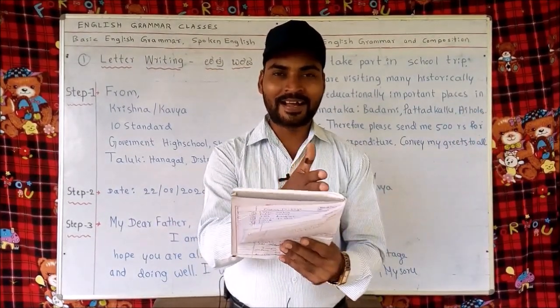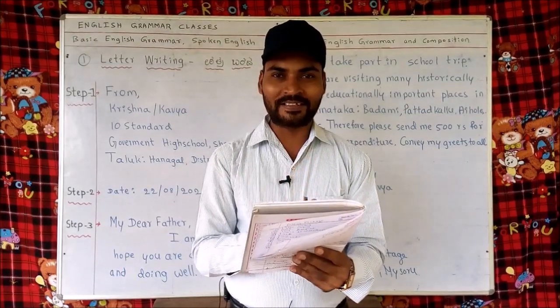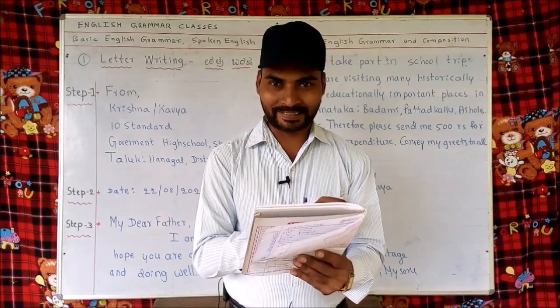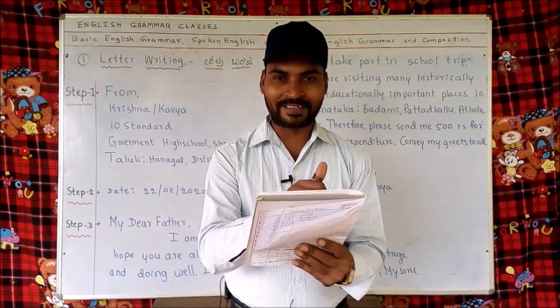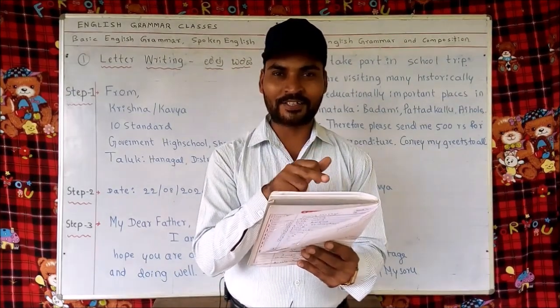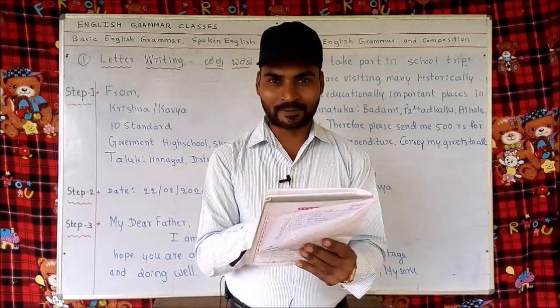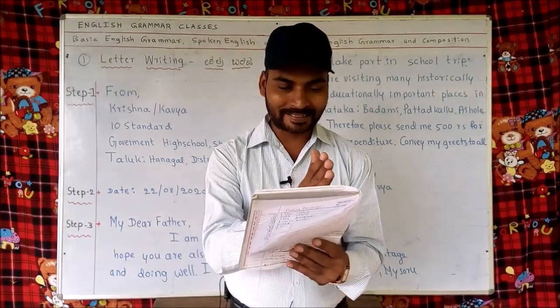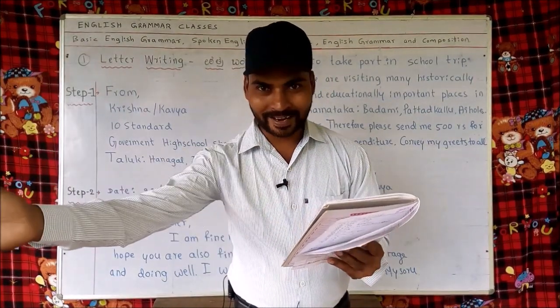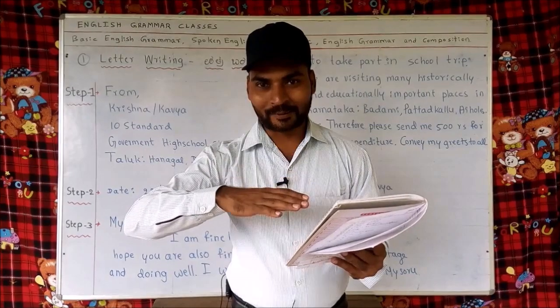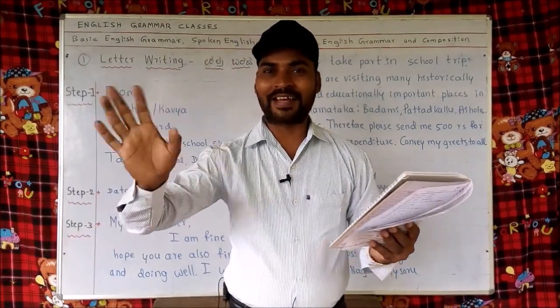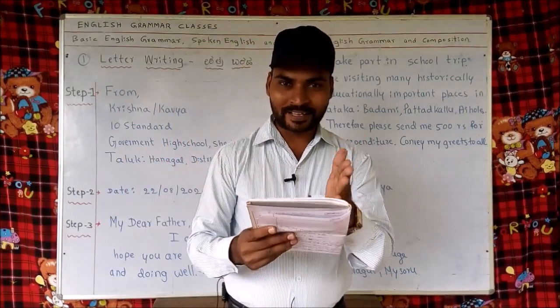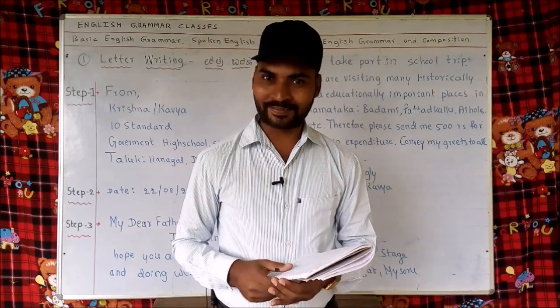This side only, all the steps of the letter should be written one by one: from address, then date, salutation, body of the letter, then closing, then to address, all these things. From address on the right side, closing of the letter on the right side, not that; there is no confusion. Only to the left of the letter you should write everything.